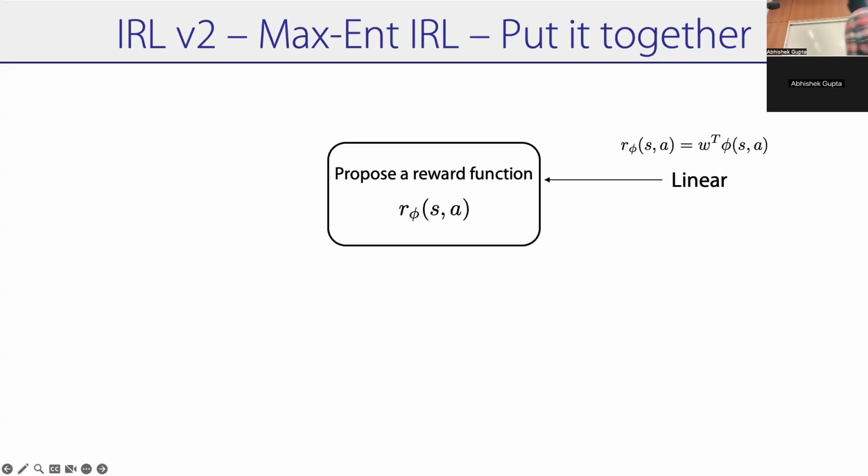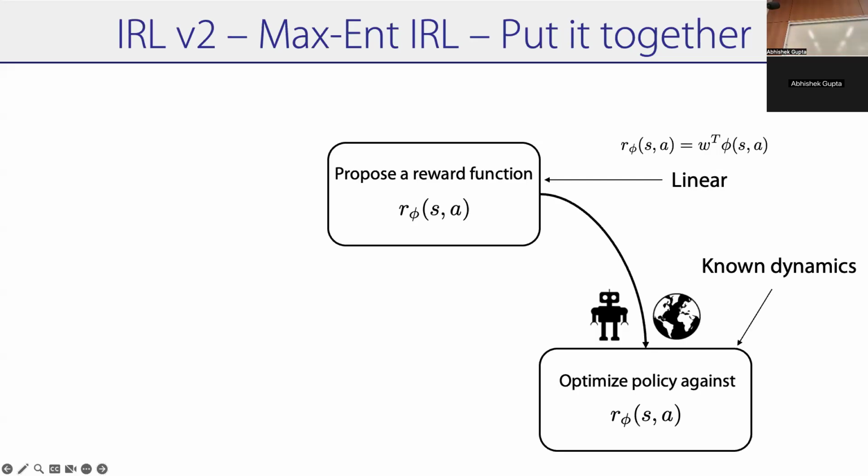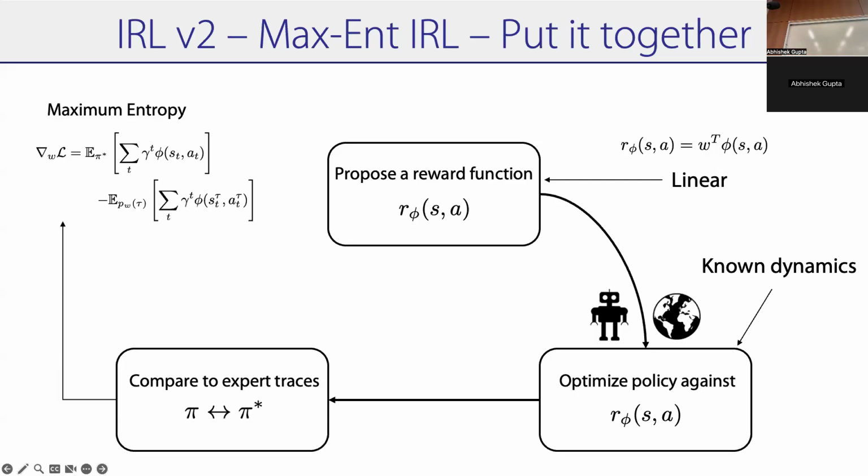Thanks. So we start from a reward. Let's say it's linear for now. We are going to try and solve this objective where we increase things in the data and decrease things from our optimal policy. It's going to give us an update to W. The place where RL is hidden is inside solving this objective.